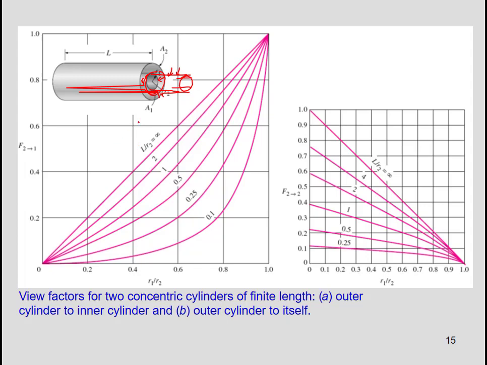And in that case, when the radius of these two is equal, R1 equals R2, this ratio is 1, and when L divided by R2 is infinite, which means infinite length, the view factor will be the maximum, which is 1. All of the radiation from this surface will strike this surface.